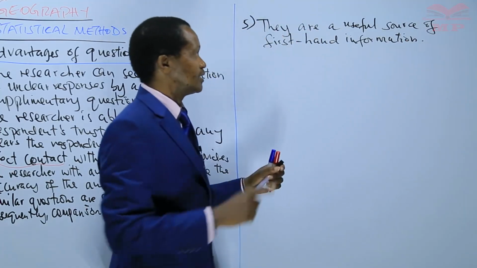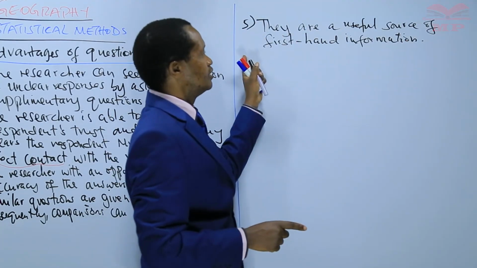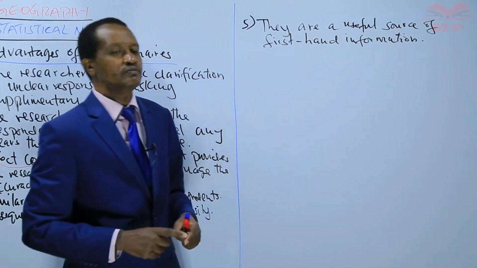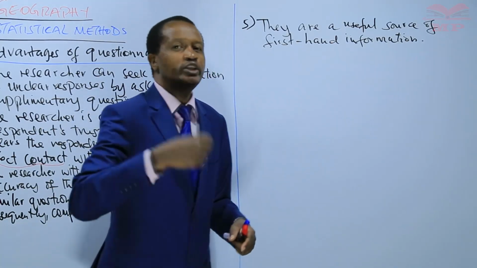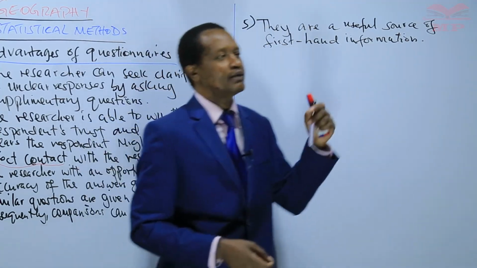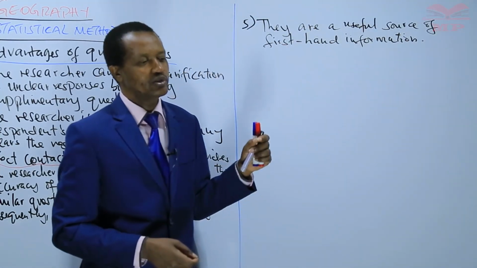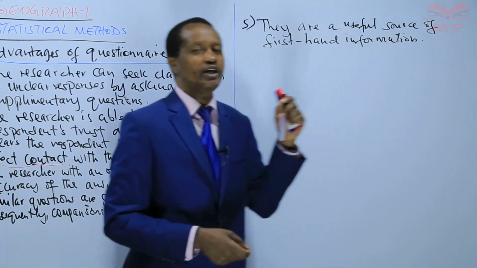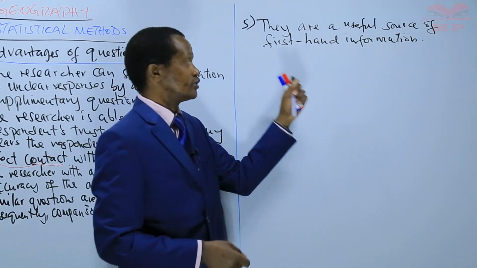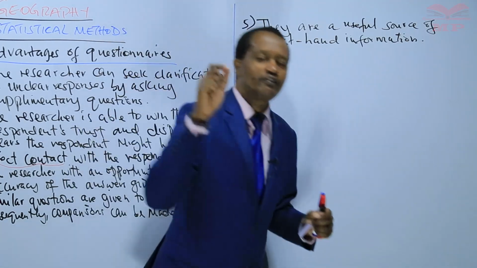So when you ask that person, you are getting information firsthand. Which products are sold in the market? The one who answers that question is a trader. So you are getting information directly from the trader. So you are getting information firsthand.